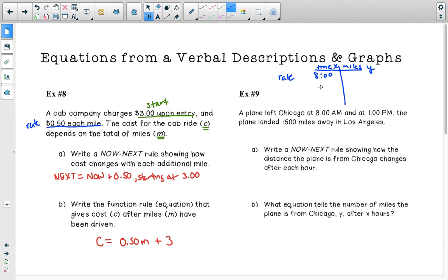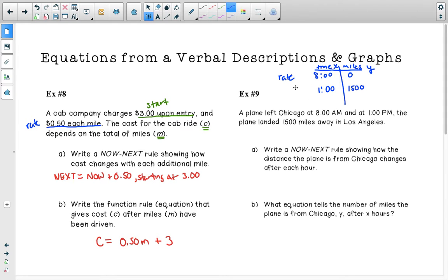We know it goes from 8 o'clock a.m. to 1 p.m., and that it went 1,500 miles at 1 p.m. If we're starting in Chicago and going to Los Angeles, we haven't gone anywhere at 8 o'clock yet, so that would be 0 miles, because we haven't started yet.